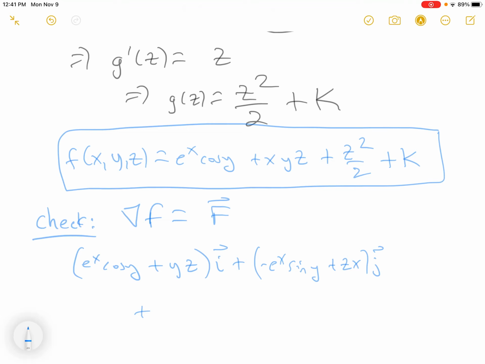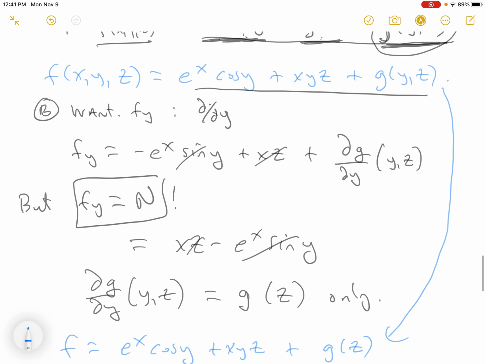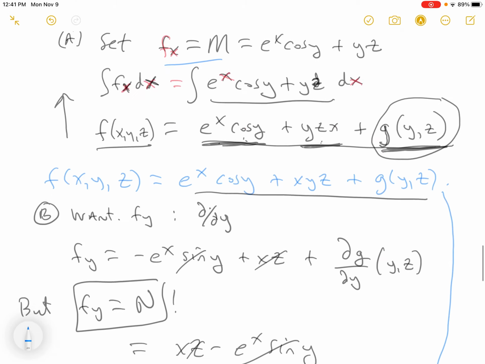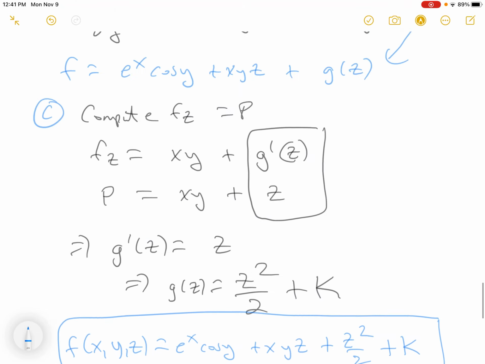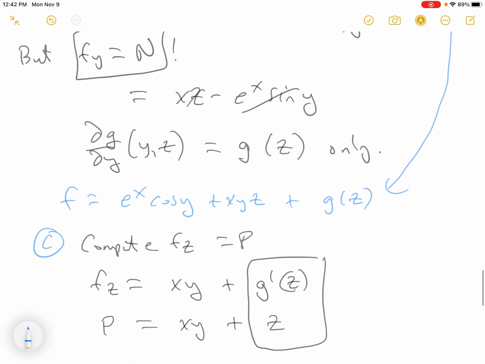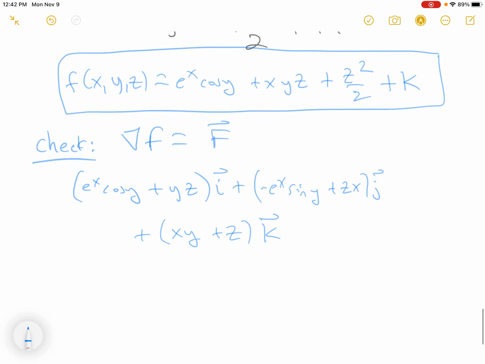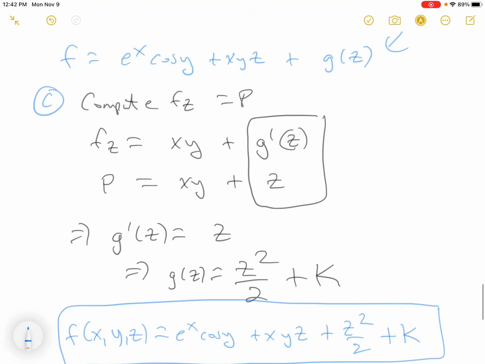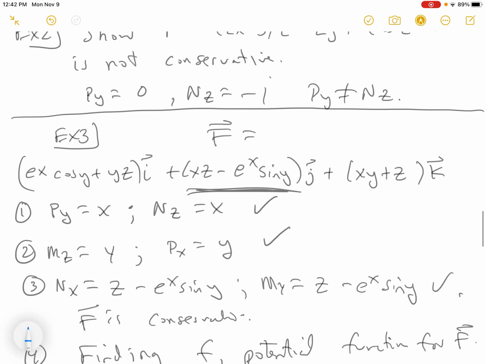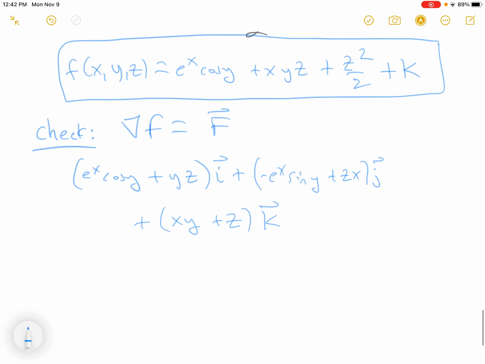And in the third one, it's xy plus z k. Let's check. Do these match? E to the x cosine y plus yz. Yes. xz minus e to the x sine y. Yes. And I missed it. xy plus z, yes. Check.